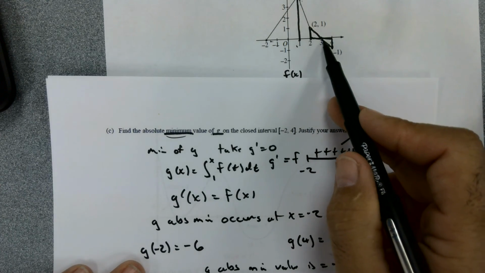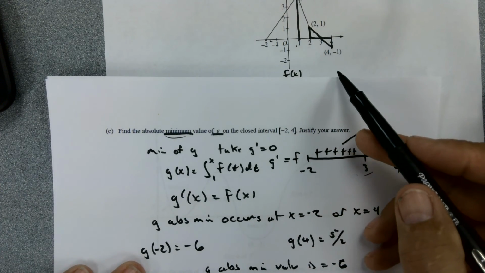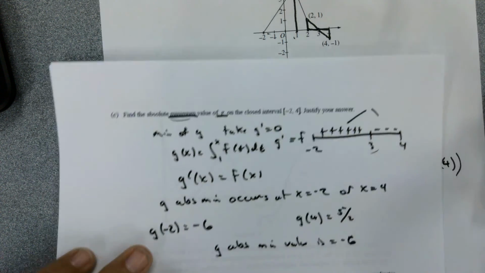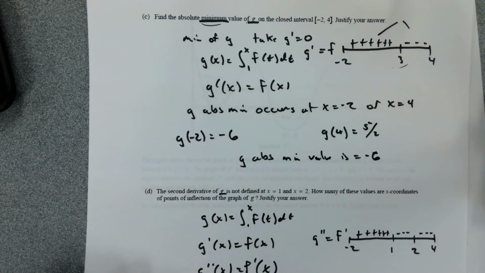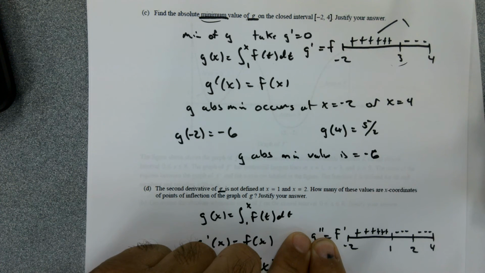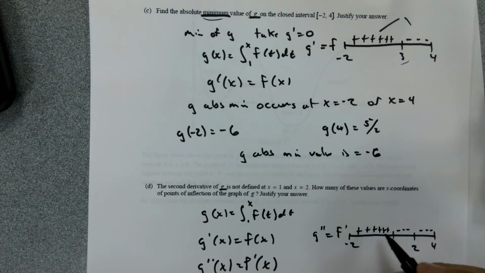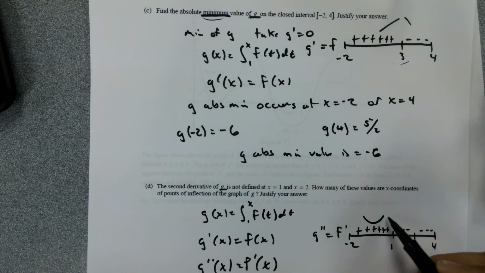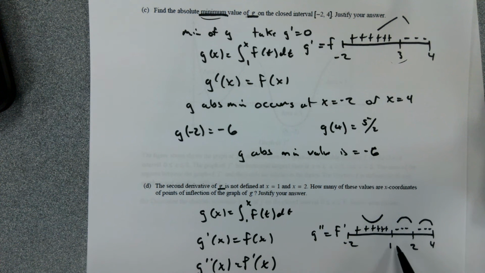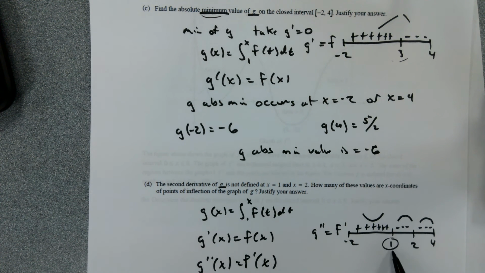And also from 2 to 4, the slopes are negative. So since we're dealing with the second derivative, that deals with concavity. And I know that g is concave up here, g is concave down, and it's concave down. So the only point of inflection we're going to have is at x equals 1.